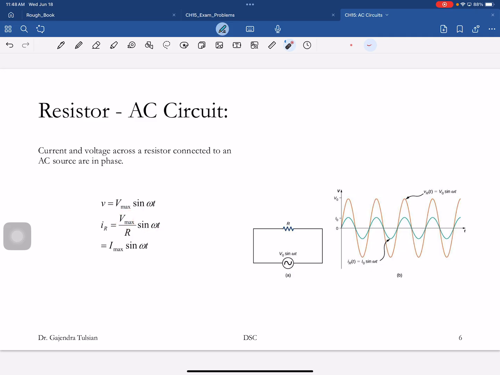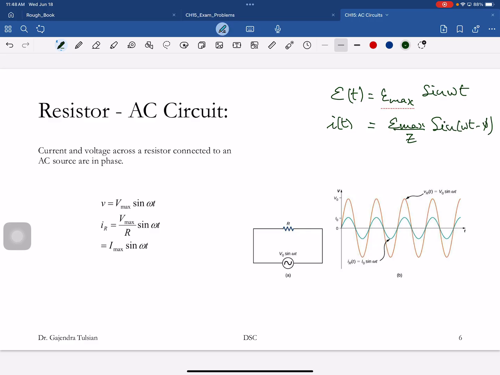You're always comparing this to the general equation, so keep this in mind: E max sine omega t, and I of t is E max over Z sine of omega t minus phi. We'll compare this to that.